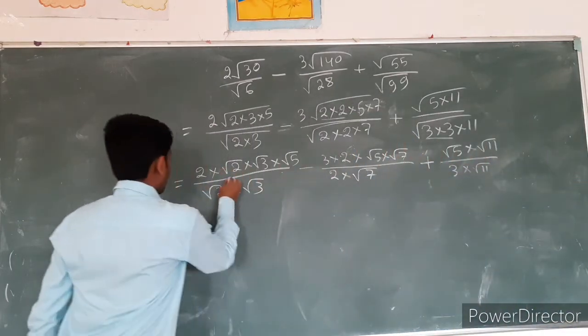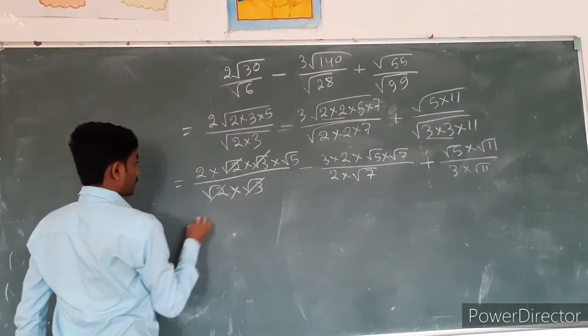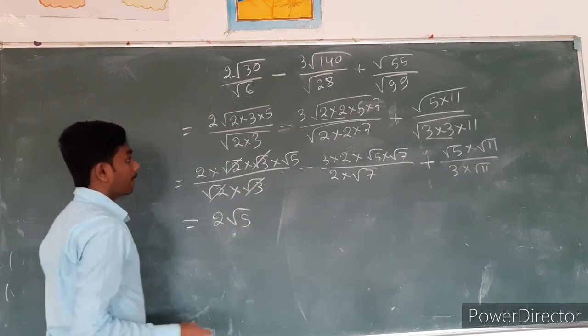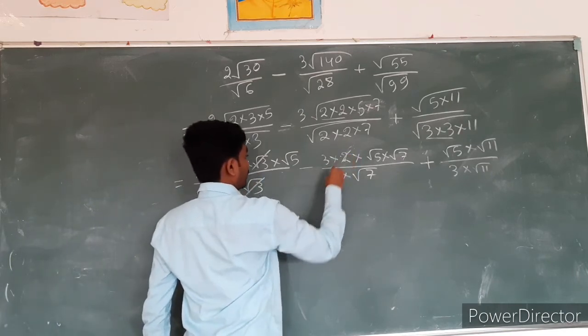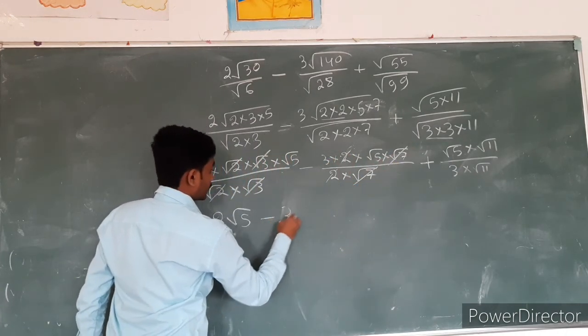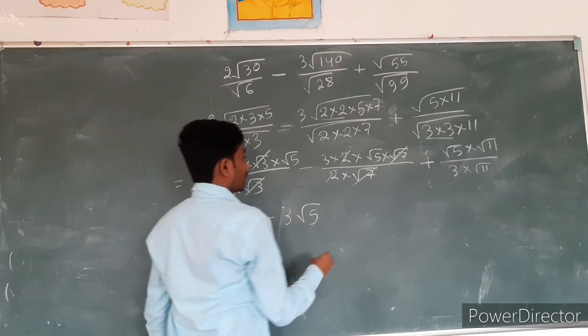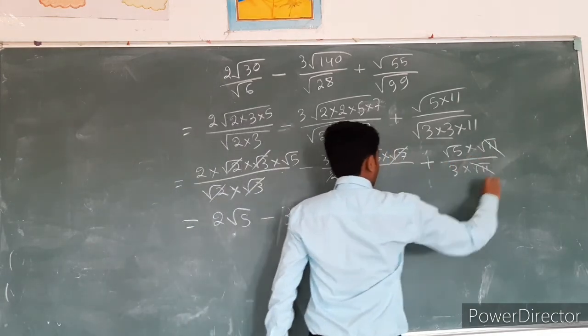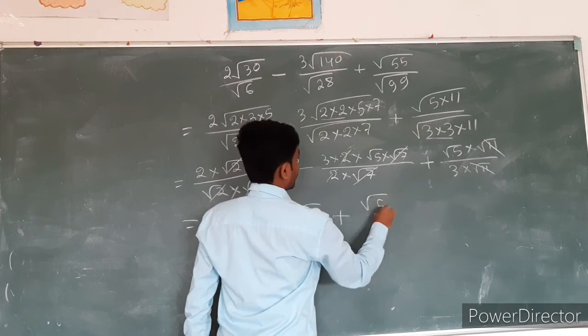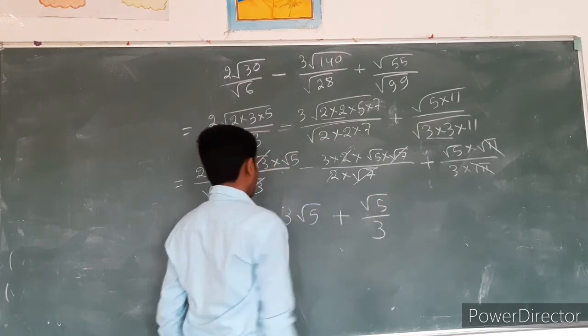So root 2 cancel, root 3 and 3 cancel. So 2 root 5, 2 cancel, root 7 cancel. Minus 3 root 5. Root 11 root 11 cancel plus under root 5 upon 3.